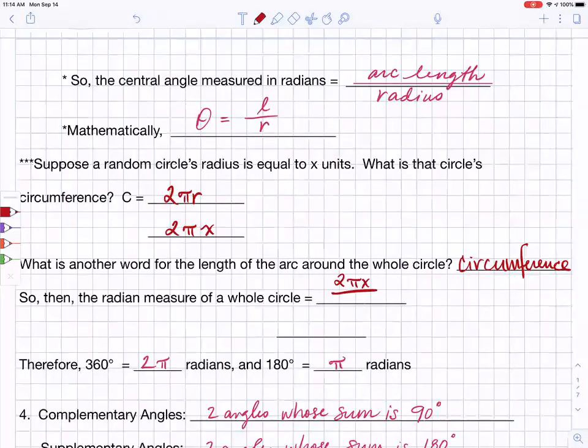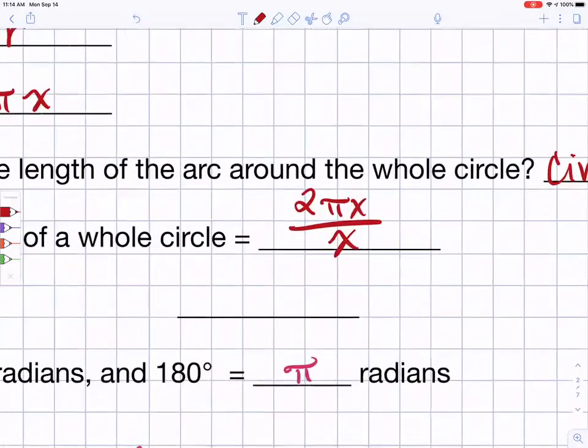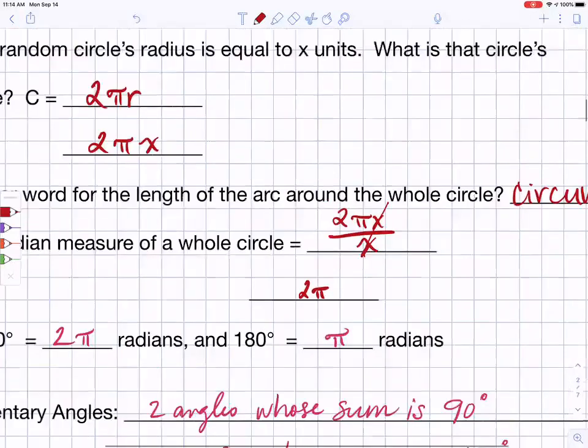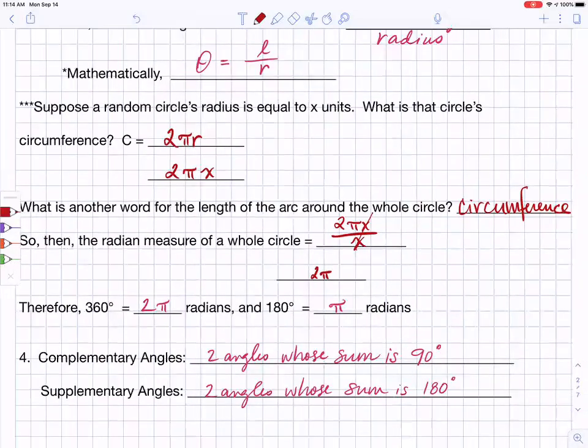X. What can you do there mathematically? Cancel the X's. What's left? 2 pi. That shouldn't be such a shock, because didn't you memorize, without understanding, that if I go around the whole unit circle one time, you could go from 0 to 360 degrees, or from 0 to 2 pi? Same concept. So that's what the answer should have been for the embedded question.